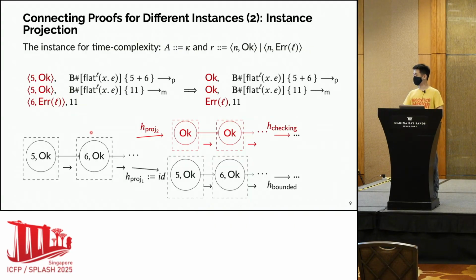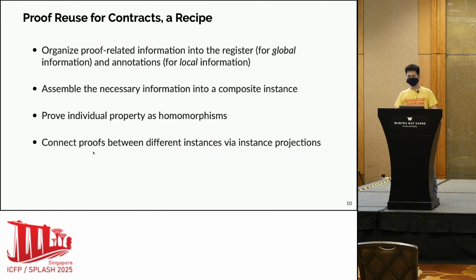This way, you can always create as many annotations as you want, put them together, and then just reuse previous proofs. So we have formed a recipe for making proofs reusable, so that proving new dimension-specific properties is easy.